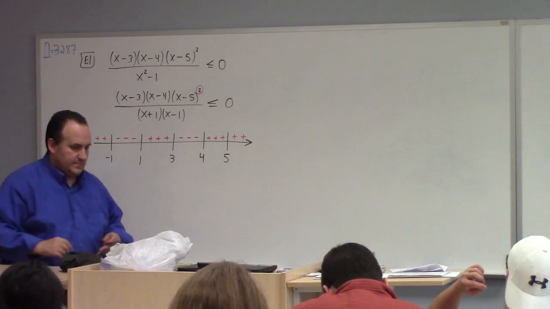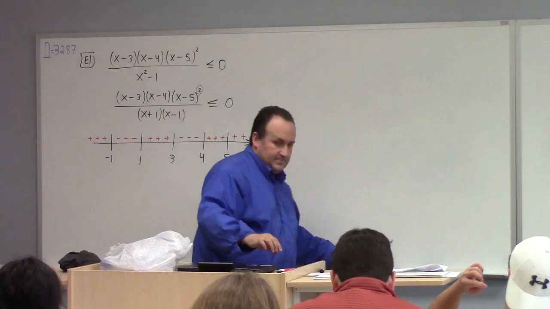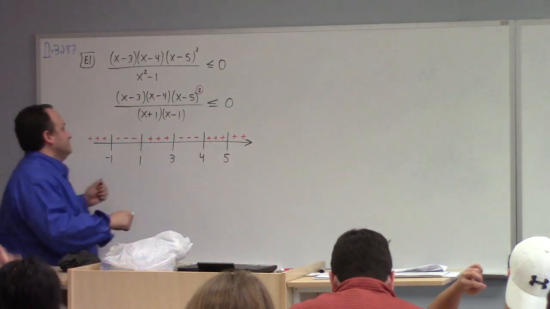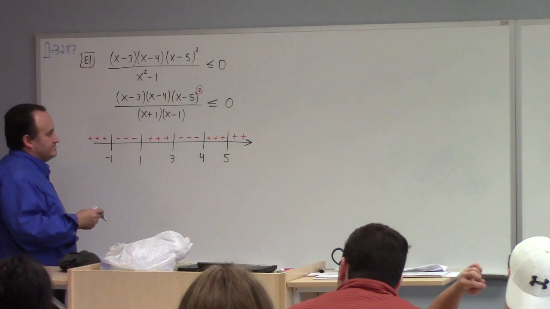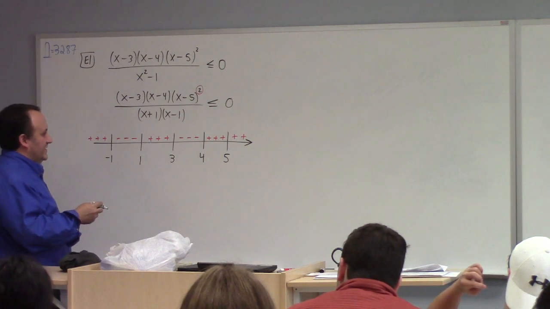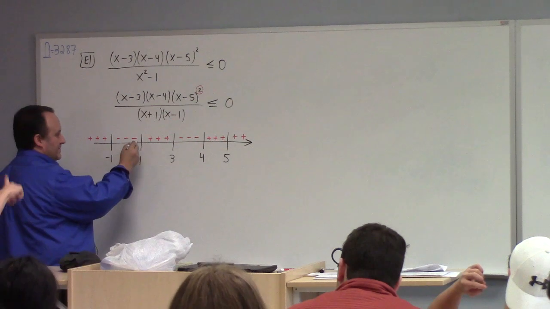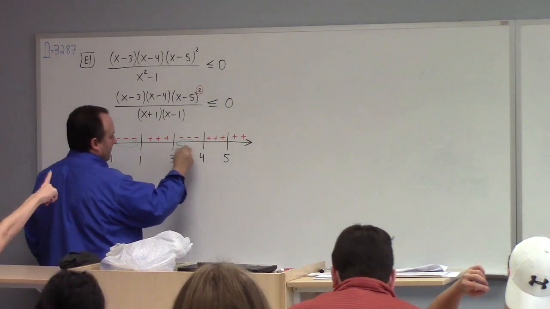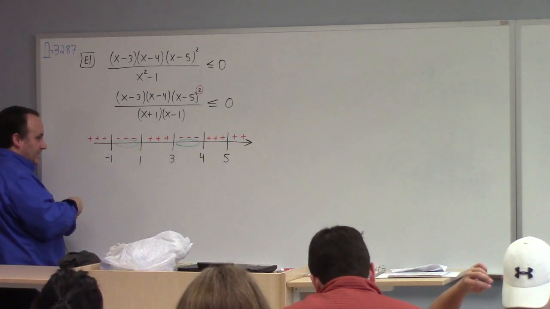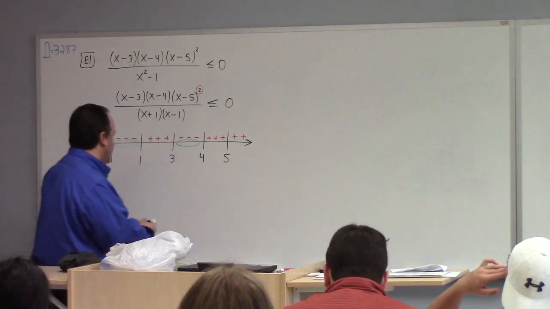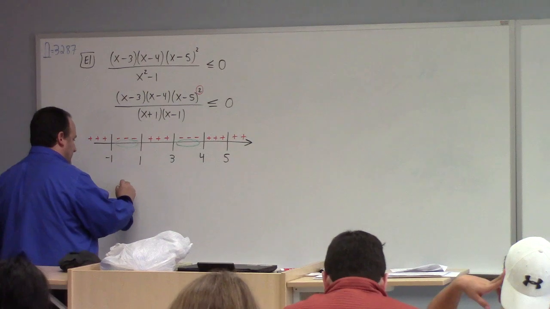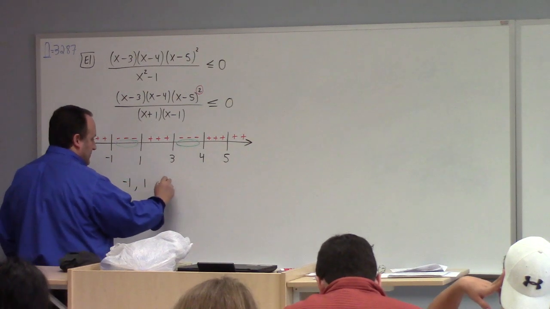So then what? Yes, Michael? Now we need to find the terms that go into less than or equal to 0. Right, so we're looking for the negatives, right? Negative 1, 1, 3, 4. All right, and then the question is, those numbers, negative 1, 1, 3, and 4, which one of those do we include?